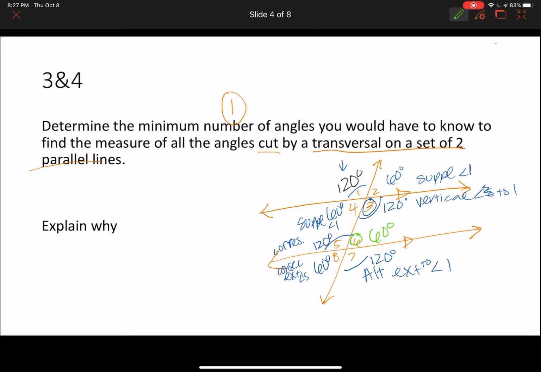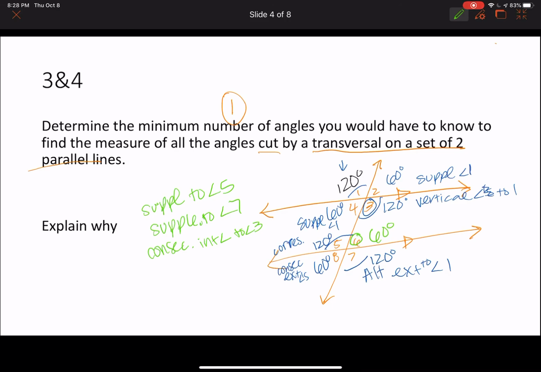So the first one that I see is that it's supplementary to angle 5. It's also supplementary to angle 7. You can also say that it's a consecutive interior angle to angle 3, which means it's supplementary.